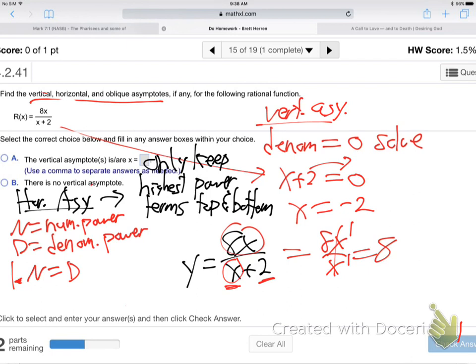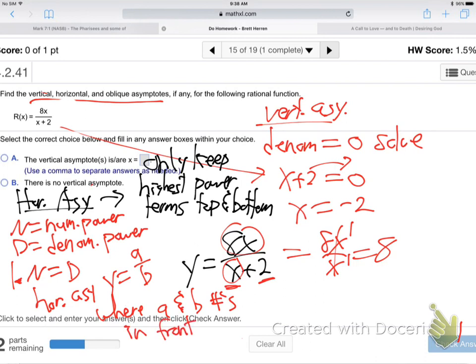If they're equal, then you have a horizontal asymptote y equals a over b, where a and b are the numbers in front, which is what I just did. This is the A and the B. It's 8 over 1 or just 8. All right, let me stop there and let you digest that and write that down.